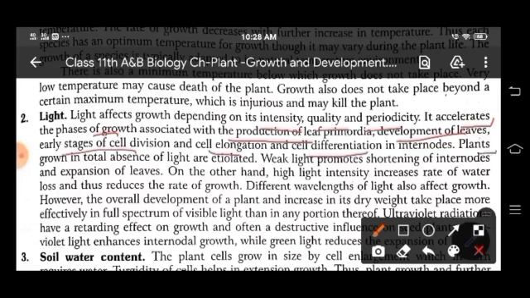Plants which grow in total absence of light are etiolated. Weak light promotes shortening of internodes and expansion of leaves. If there is high light intensity, there is increased rate of water loss and thus reduced rate of growth.